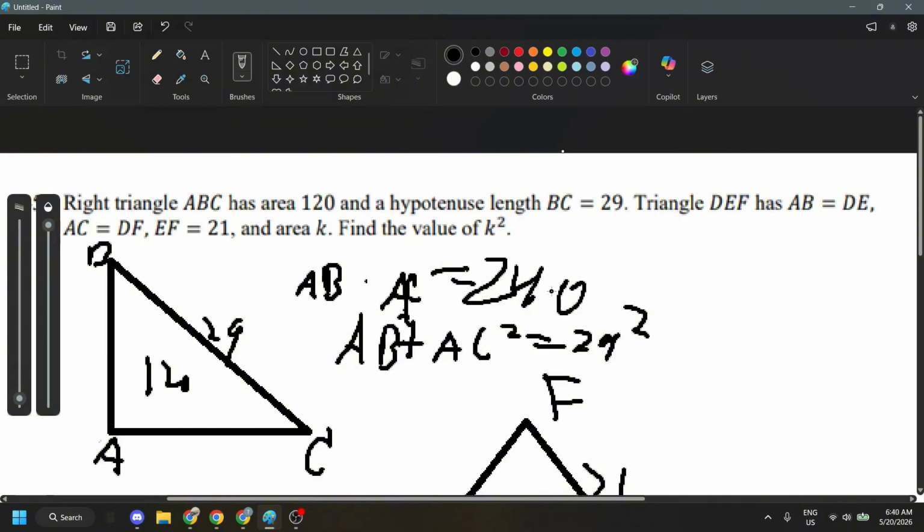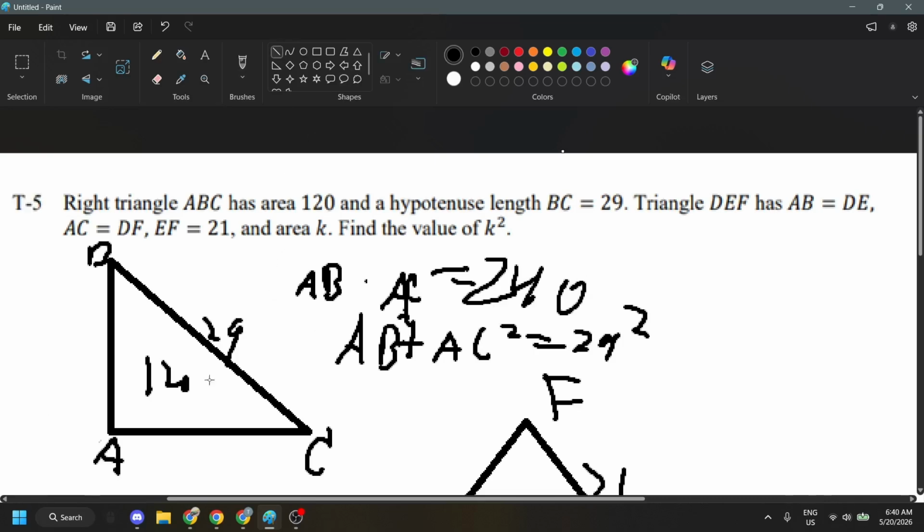And then the other two side lengths are equal to the ones in the right triangle. So it's really as if you took this right triangle, took one of the legs, and then just rotated it. Interesting.